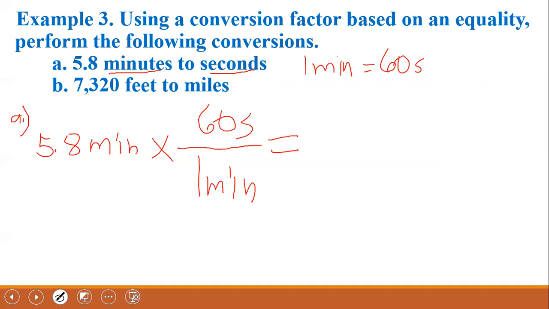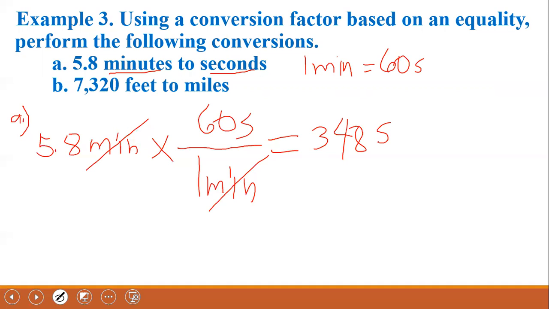And then proceed now to the unit cancellation. So 5.8 times 60 divided by 1 is now equivalent to 348 seconds.